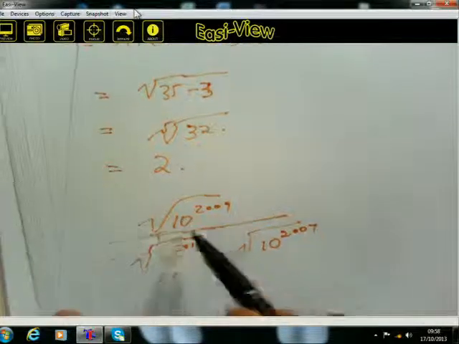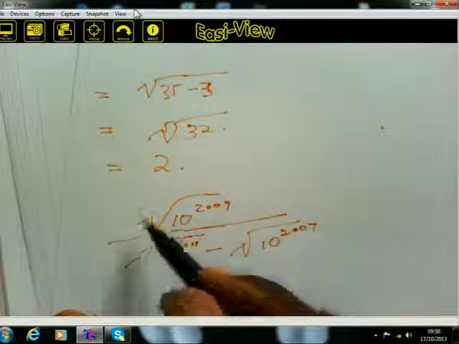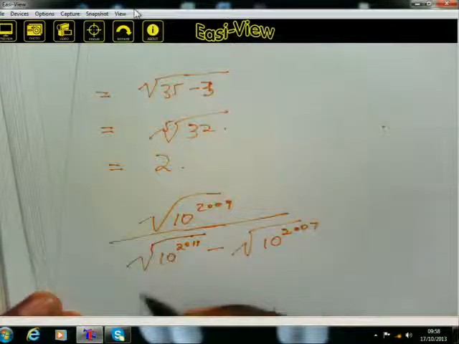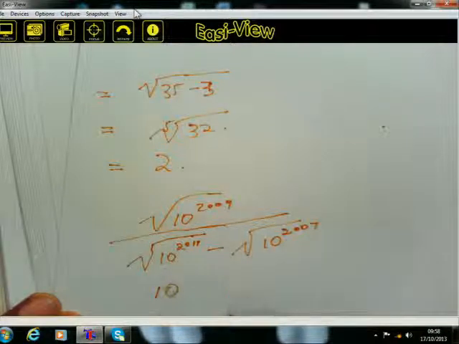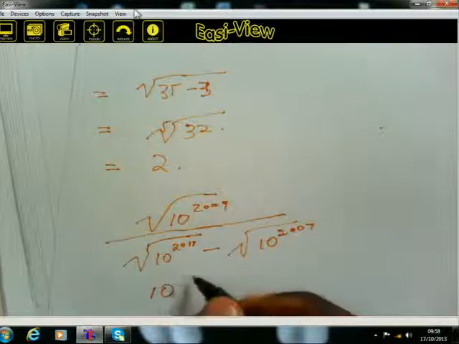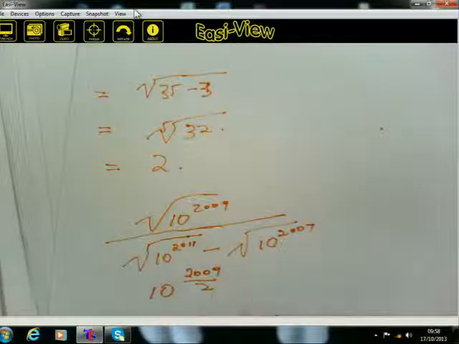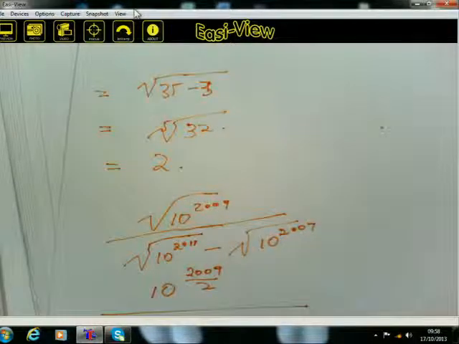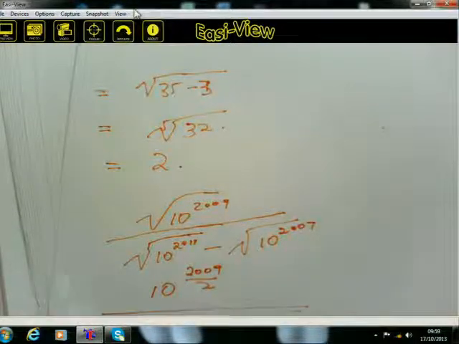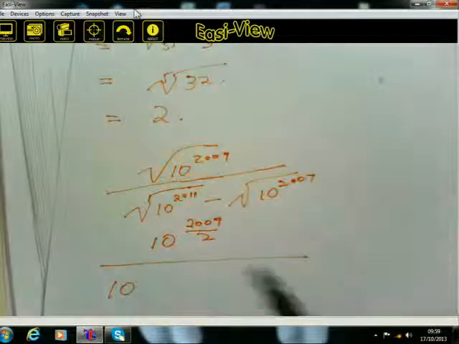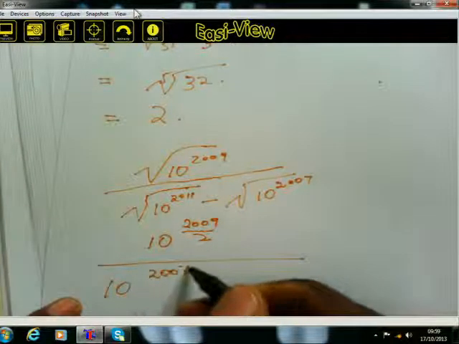If I want to remove the root sign, this becomes 10 to the power of 2009 divided by 2 all over 10 to the power of 2007 over 2.